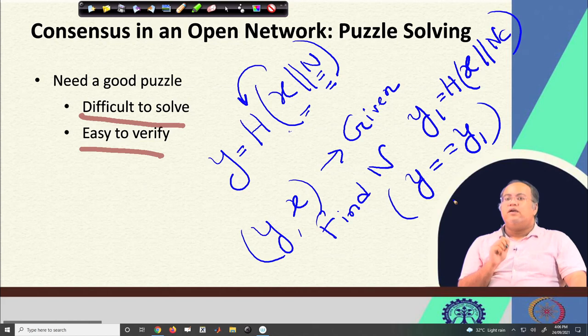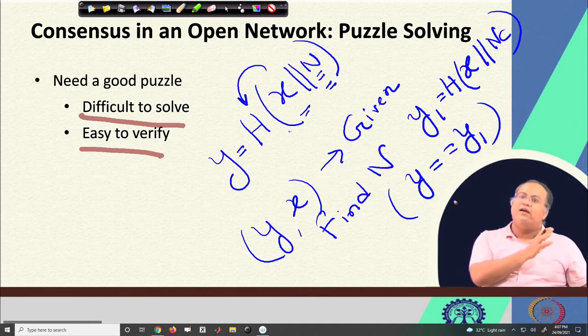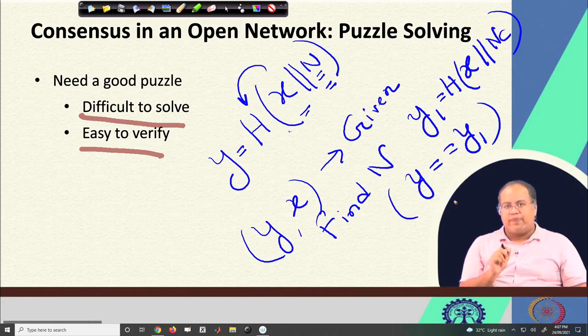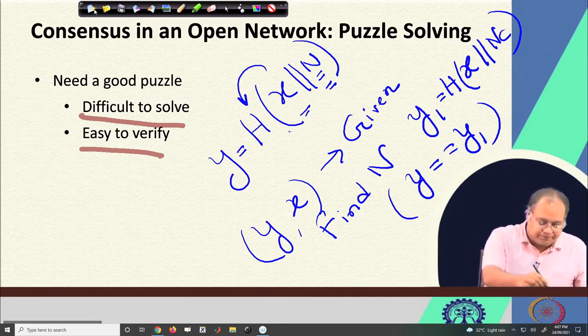So, this is the idea applied in the Bitcoin paper to elect a leader who is going to verify and add a set of valid transactions in a public ledger.